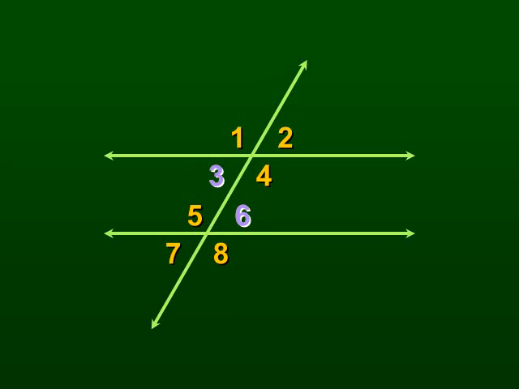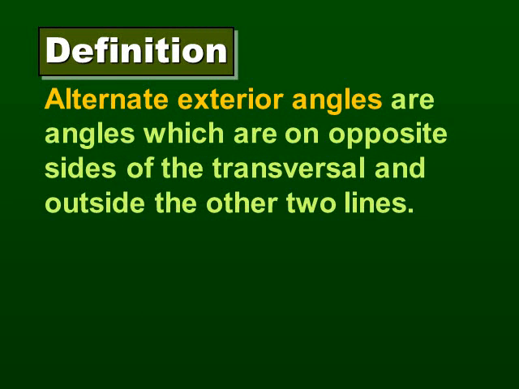3 and 6 are also alternate interior angles. So they're opposite the sides of the transversal, but they are between the other two lines. So much like alternate interior angles, there's also alternate exterior angles. So they're opposite sides of the transversal, but they're on the outside of the other two lines.